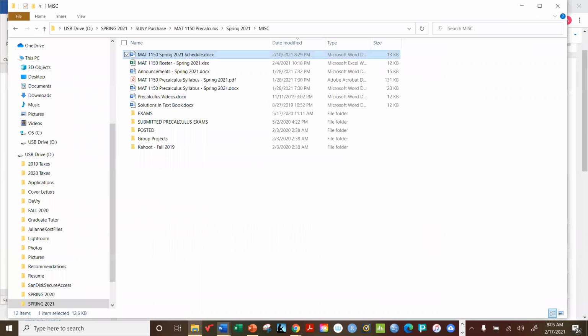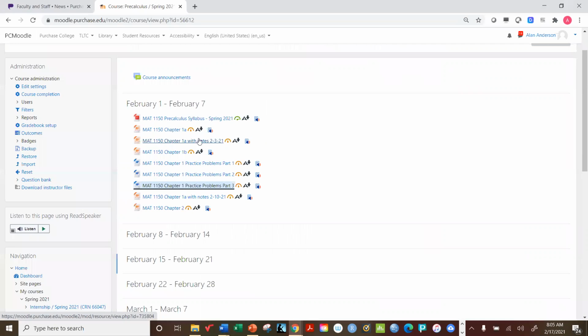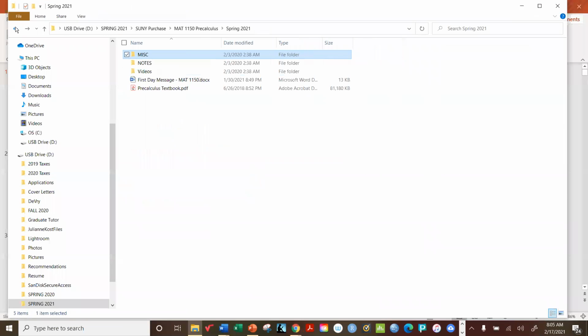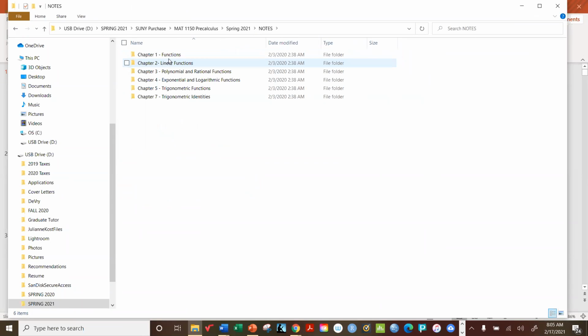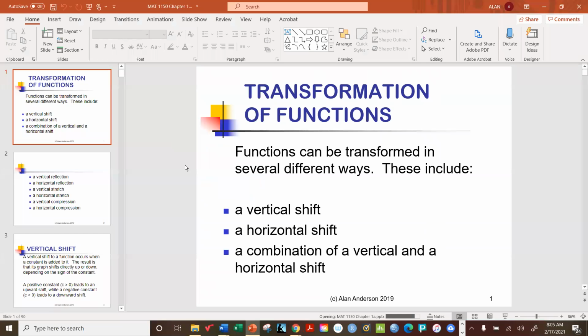As far as the notes are concerned, we have chapter one broken up into two parts, A and B. So A is pretty much done. In fact, let me go get it back so we can remind ourselves what we were doing last week. Let's see, where is it? A. There it is.